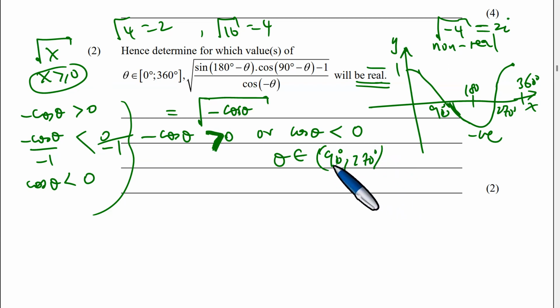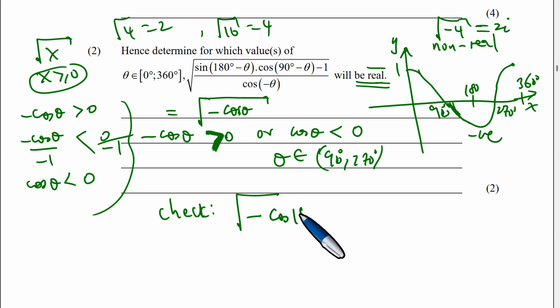Let's take theta to be any value between these, like between 90 and 270, you can take 180. You want to check what these answers mean. So you take the square root of cosine 180 degrees. 180 is a number of degrees that is between 90 and 270.